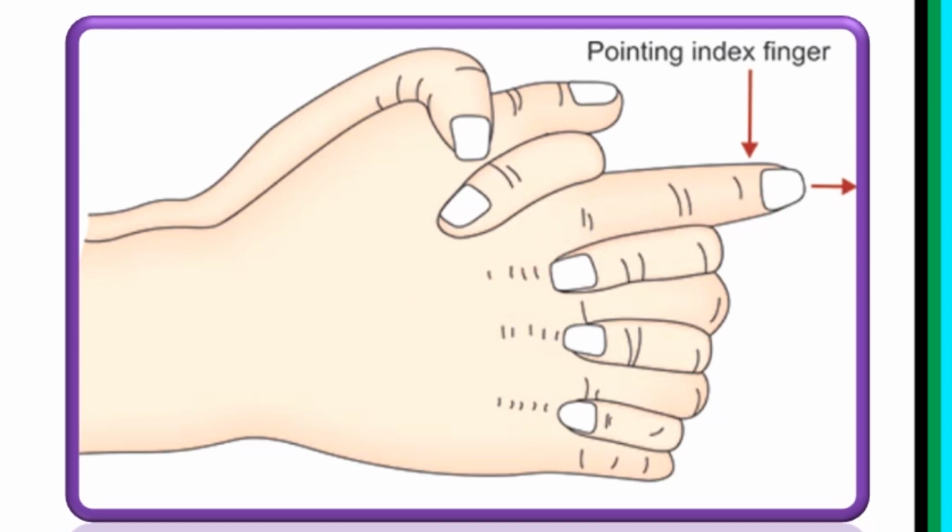This finger will remain pointed, and this is due to the loss of the two principal flexors that flex its proximal and distal IP joints. This is why this finger is remaining pointed, and this is positive for median nerve lesion.